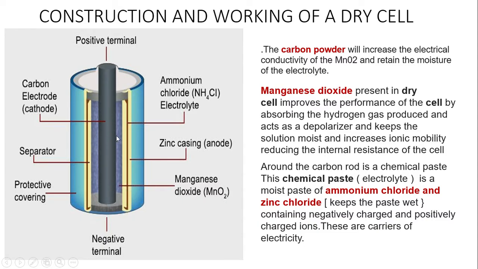Around the carbon rod is a chemical paste of ammonium chloride and zinc chloride. So it is surrounding the carbon rod. It keeps the paste wet, containing the negatively charged particles and the positively charged particles, also called ions, which are actually the carriers of electricity.